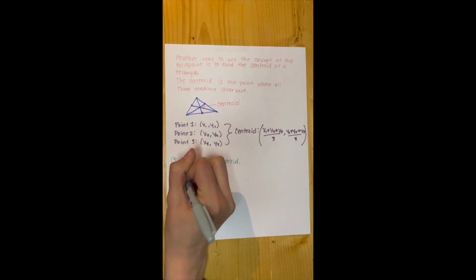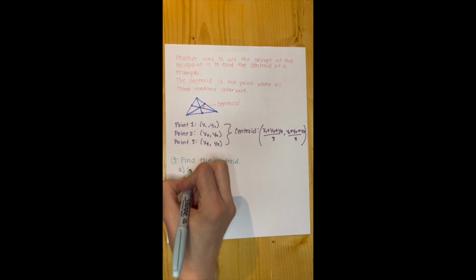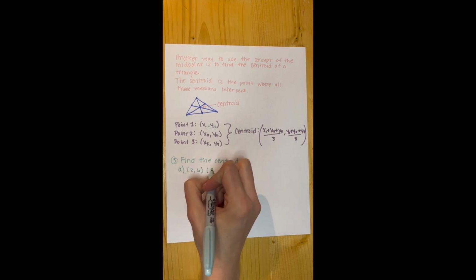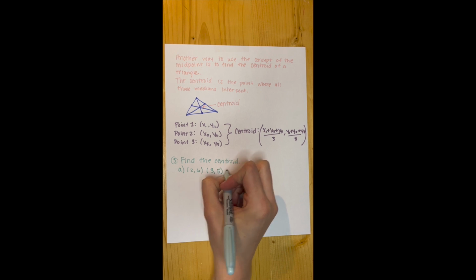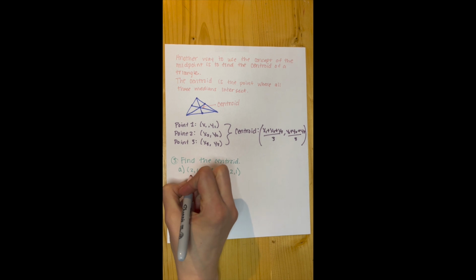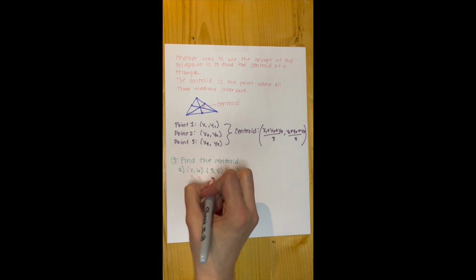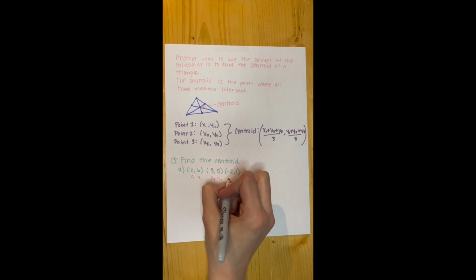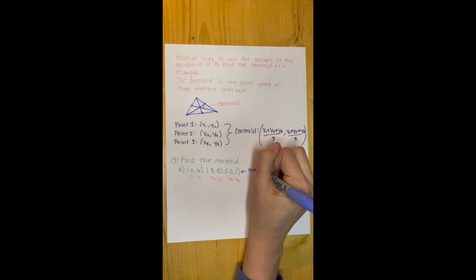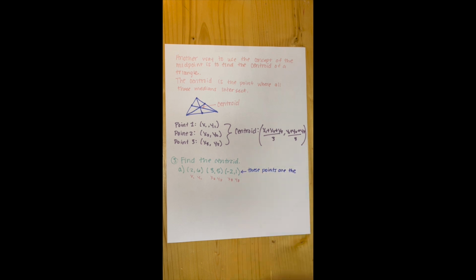Given 3 points, for letter A, we've got the point 2, 6, the point 3, 5, and the point -2, 1. I'm going to label those as x1, y1, x2, y2, and x3, y3. And it's important to note that these points are the coordinates of the vertices of the triangle.